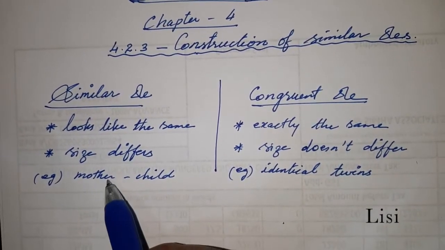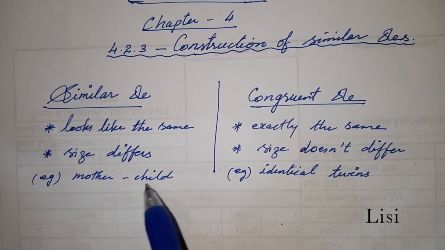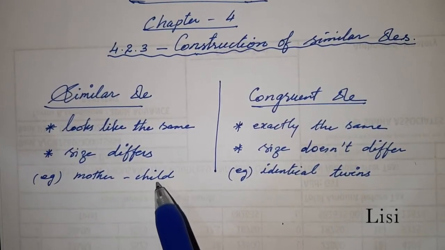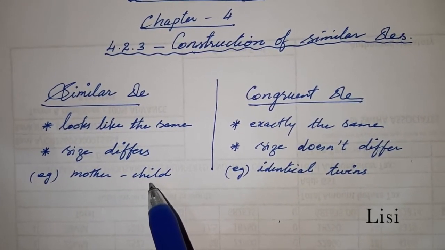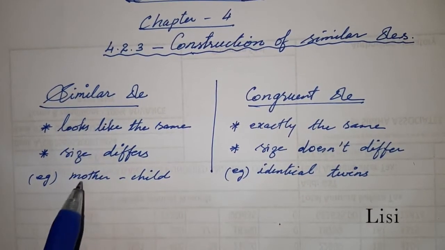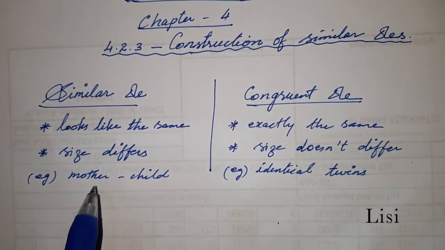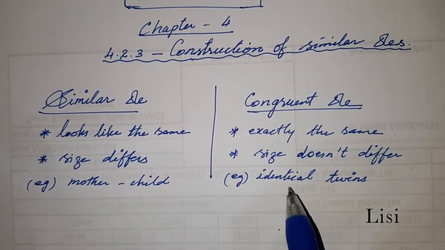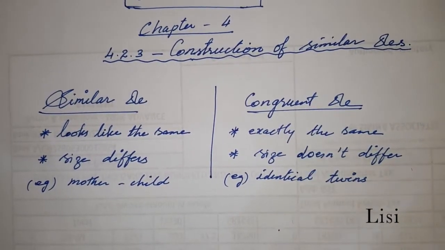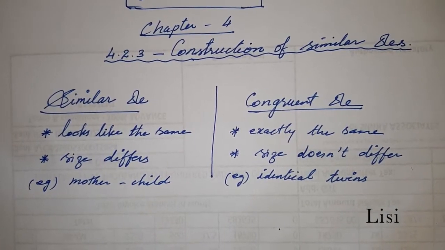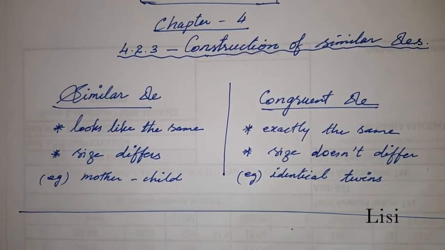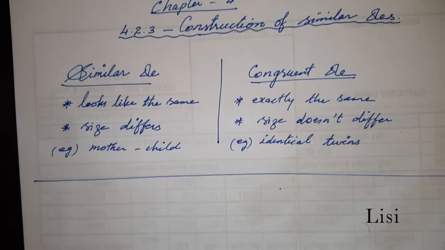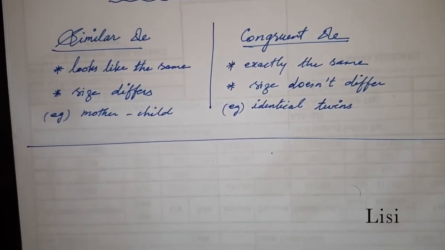Here the mother's age is different, the child's age is different, the mother's size is different, and the child's size is different. That's why I usually give this as an example for similar triangles, and identical twins as an example for congruent triangles. Clear about this? And now we'll construct the similar triangle.